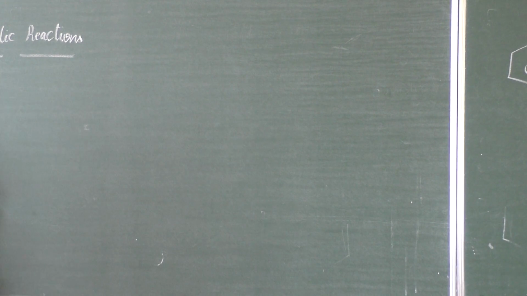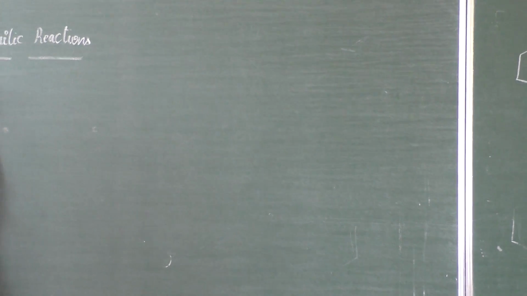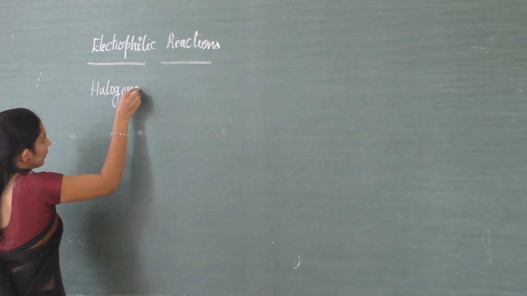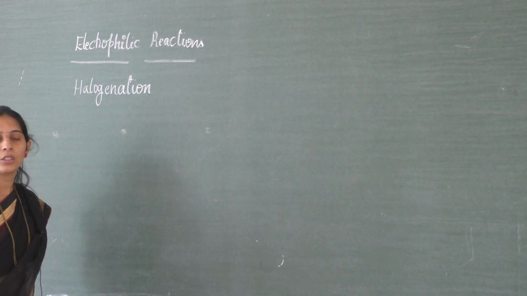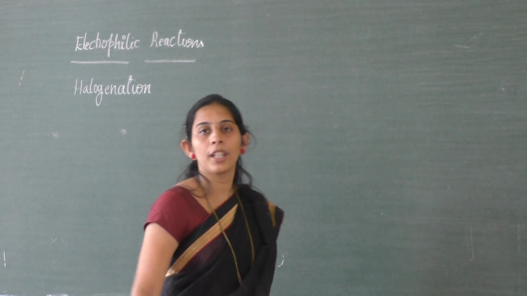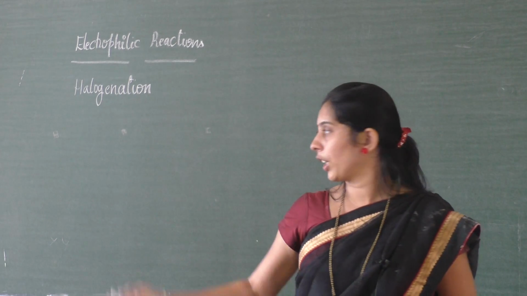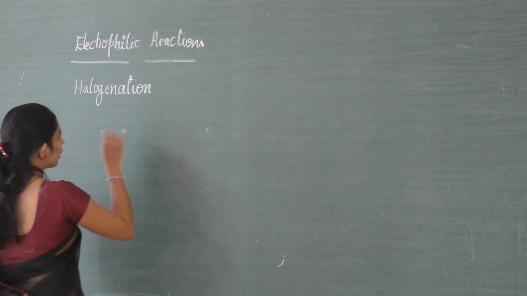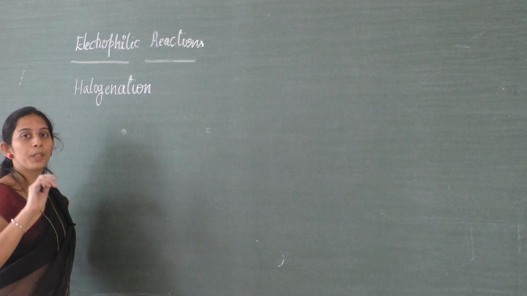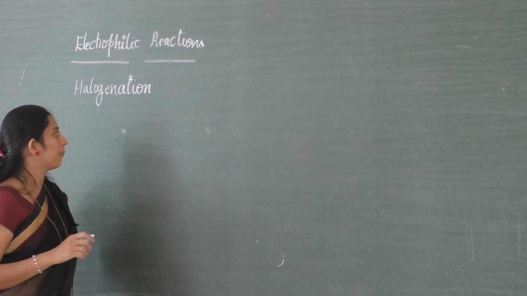You have to use a halogen in place of the nitro group. Halogens such as bromine, iodine, fluorine, chlorine you can use. Here I choose bromine. Usually the halogenation reaction takes place at room temperature or at a lower temperature.